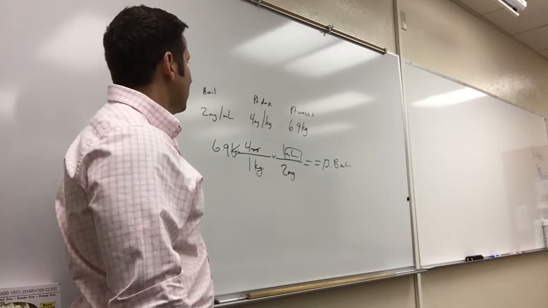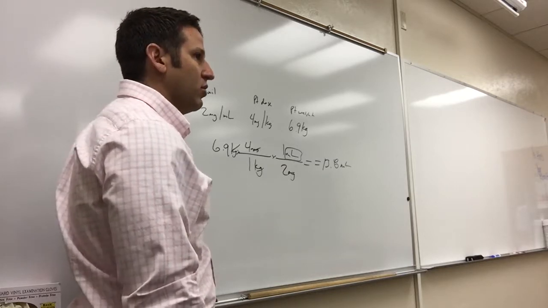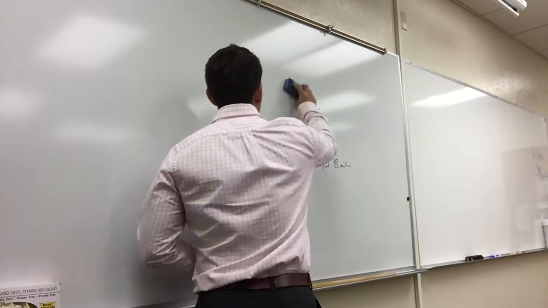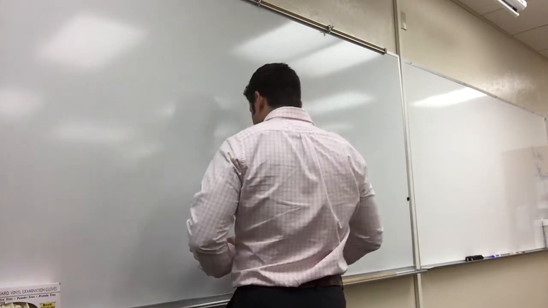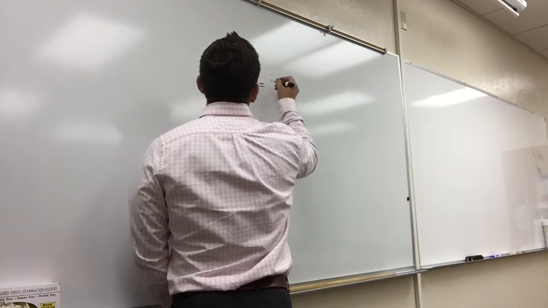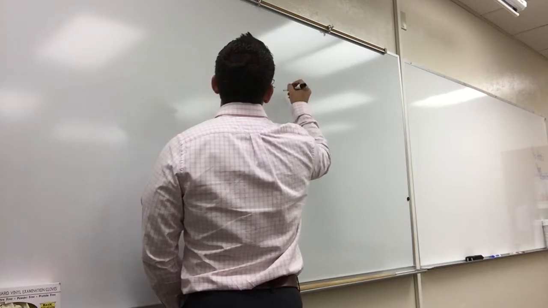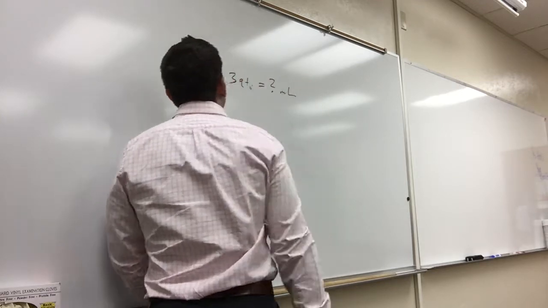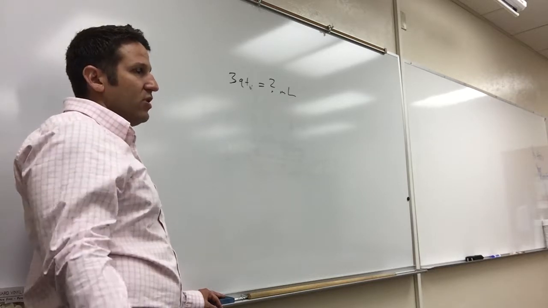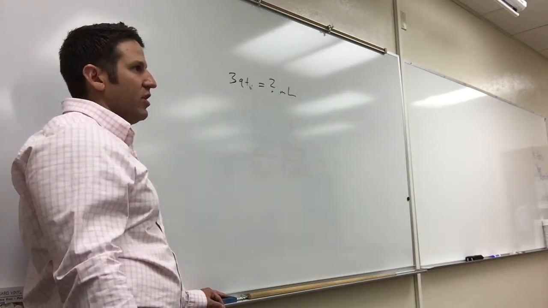Will you do the one that you were talking to her about, the 3 quarts to milliliters? How many mLs, right? So with dimensional analysis, there are two things you could do.